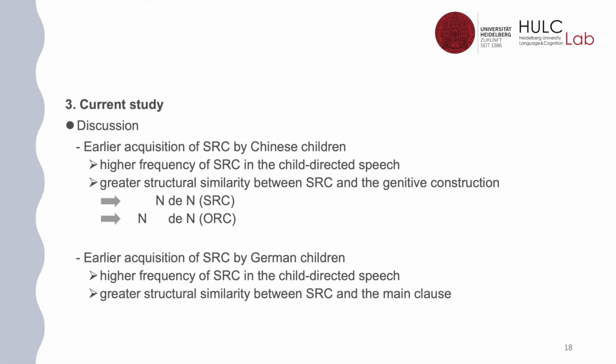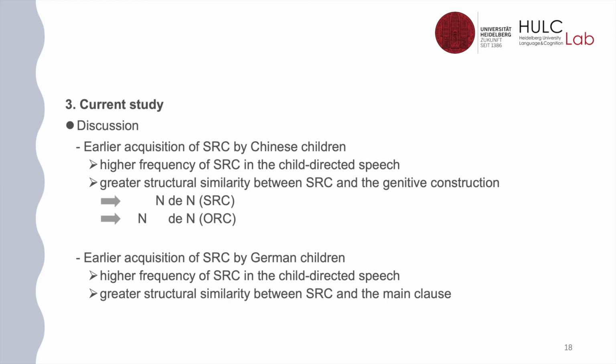Instead of the main clause, Chinese children seem to acquire RCs through the genitive construction, which again leads to an early acquisition of SRC due to greater structural similarity between SRC and the genitive construction.